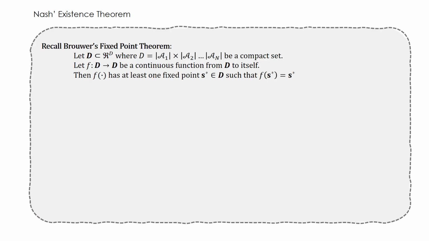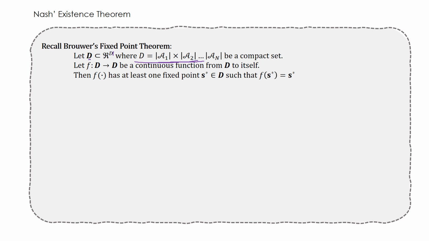Before proceeding with the last and third step, let's recall Brouwer's fixed point theorem. Here we have a compact set D whose number of dimensions is equal to the cardinality of the joint action space, which is the product of the cardinality of the action spaces of each agent.